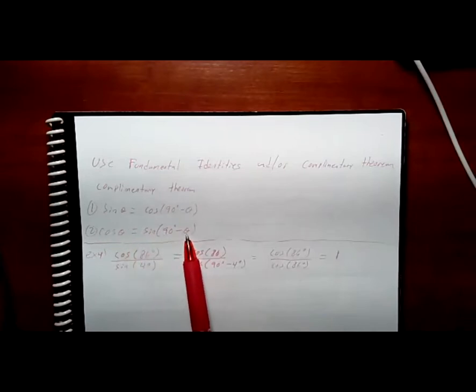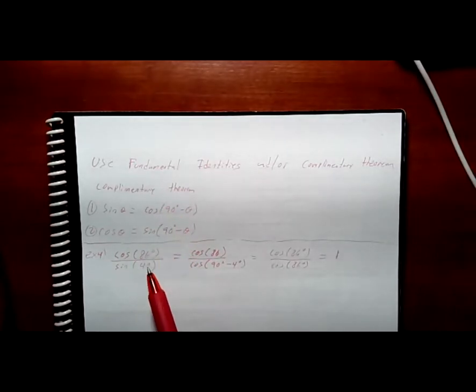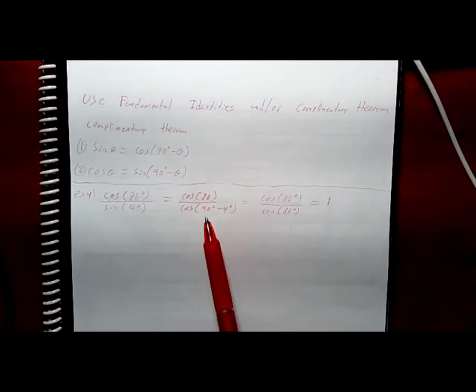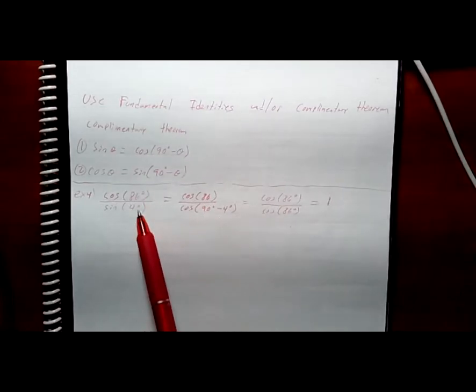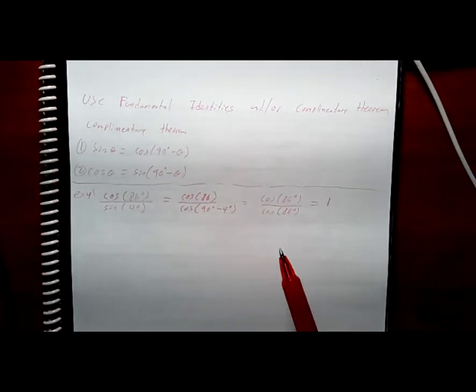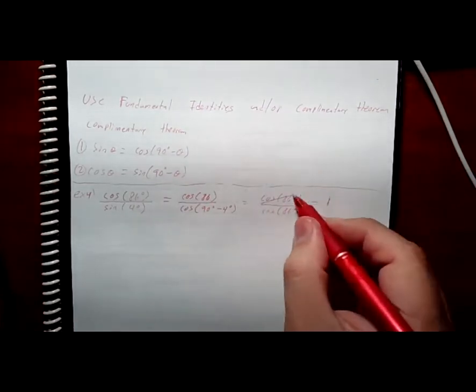The theta right here is whatever you're given. So this is built in, the 90. So theta is what you're given. But you only want to do this if it's helpful. Here it turned out to be helpful because the original was already complementary. So switching over lets you cancel.